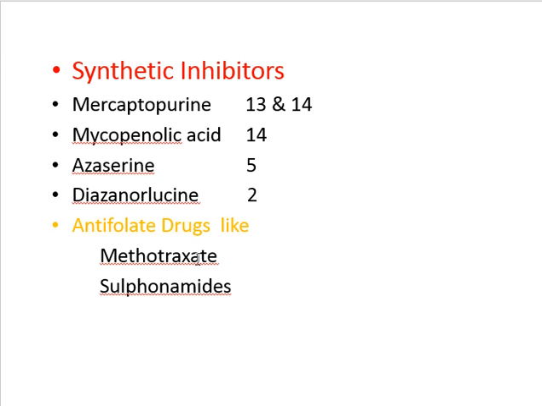So the methotrexate inhibits the reduction of tetrahydrofolate, which is then used in the synthesis of purine nucleotides. So when methotrexate inhibits the conversion of the oxidized form into the reduced form of tetrahydrofolate, it inhibits the synthesis of purine nucleotides.